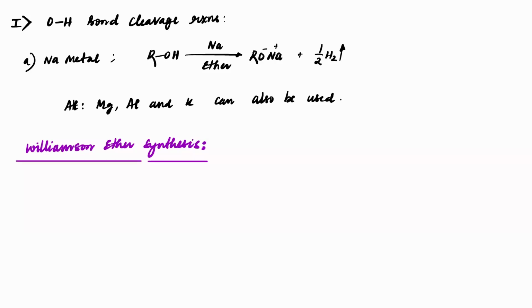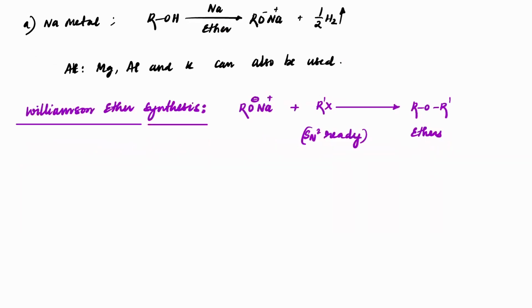Let me show you. RO minus Na plus, the reagent we just created, plus any R dash X, as long as this R dash X is SN2 ready, then we shall get ROR dash. So ethers are being prepared by this. Got it?